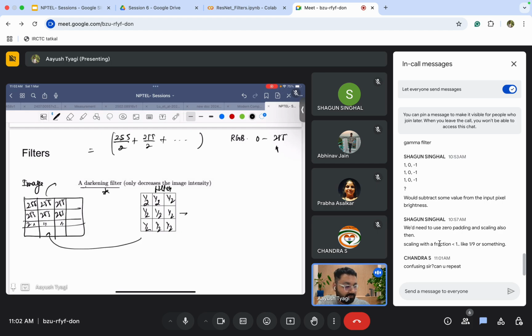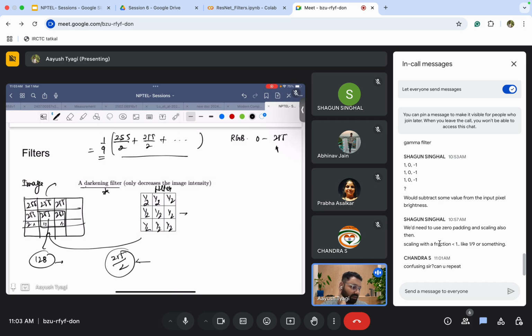This will happen 9 times, you'll get 9 and you normalize by 9, right? So this should be somewhere around 128. If you do it for all the values, at least the internal values where you have complete overlap will be dampened by 2, 128 only, 255 by 2.